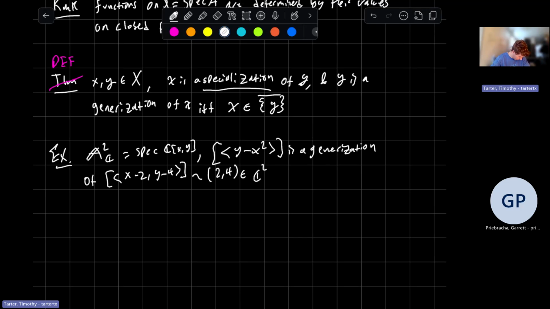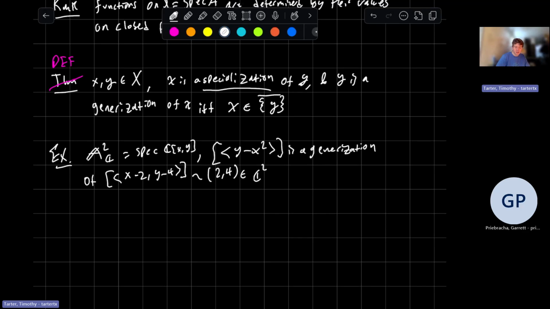I'm a little confused. So these both vanish on (2, 4). But specifically this only vanishes at (2, 4).